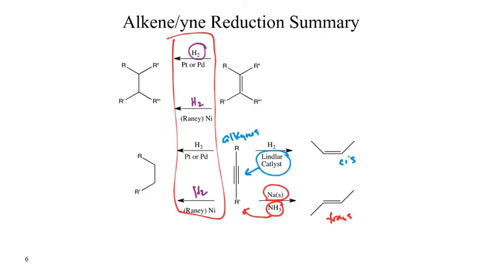They are selective for alkynes, and in the case of the sodium with ammonia, we end up with a trans product as opposed to the cis, whereas in all the other H2 reactions, all of those add cis. Okay, which in this case isn't obvious, so don't stress about that, but when we get to that reagent, we'll show that adds cis.